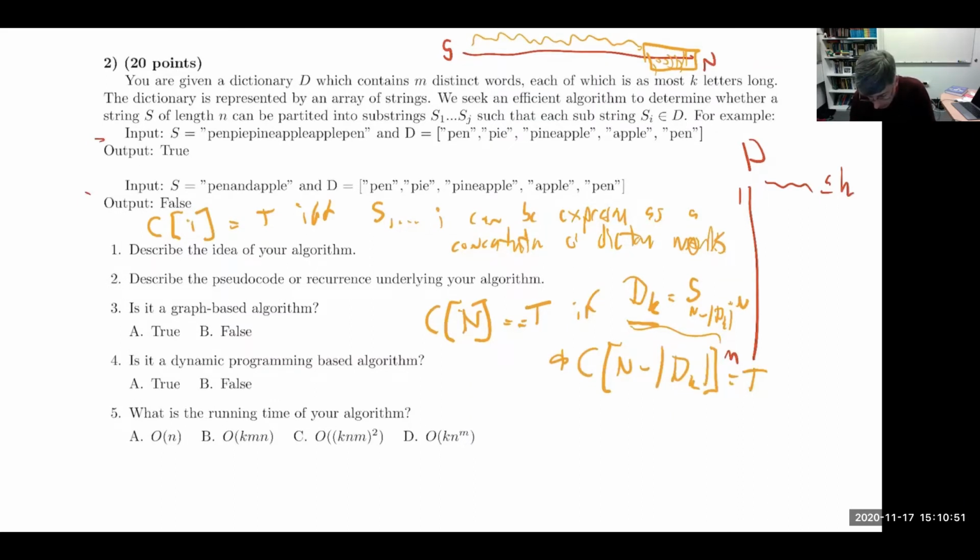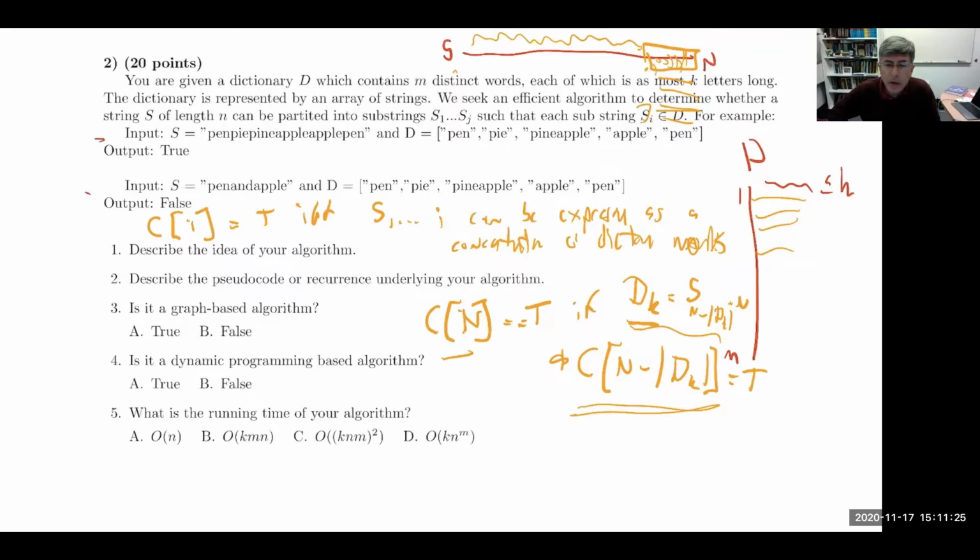I'm going to go through every word of my dictionary and align it to the back of my string. For any one that matches the end, and my function C is true up to the point where it matches, then C of n is true. This is what my condition is.